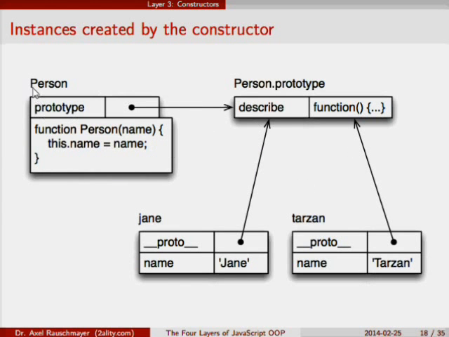On one hand, the function person has a property whose name is prototype. And on the other hand, you have the prototype relationship between the instances and this object up here. So we can say that person.prototype, the object in person.prototype, becomes the prototype of all instances. And this is where the overloading kind of makes sense.